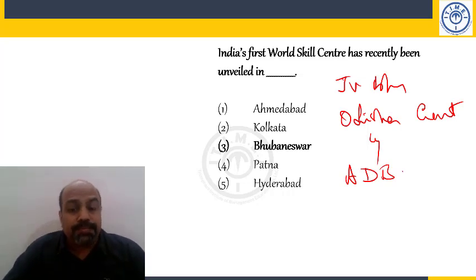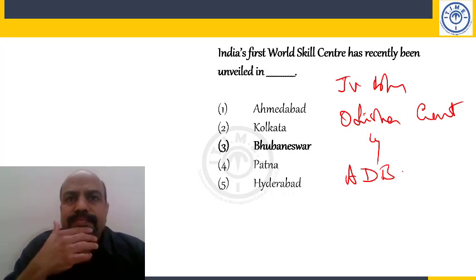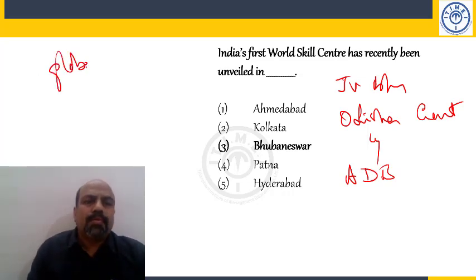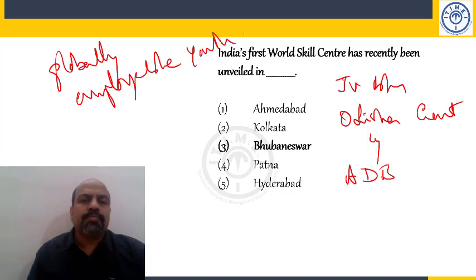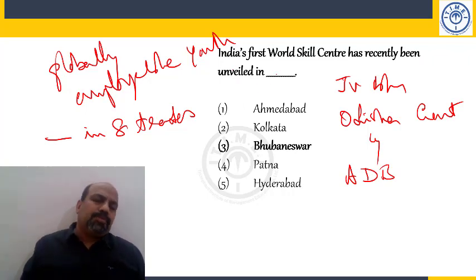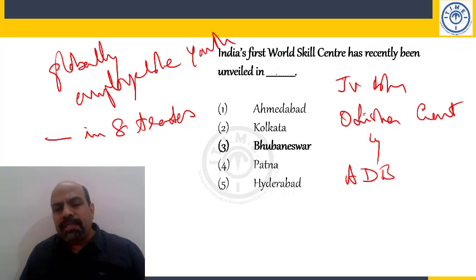Next, the aim is to impart advanced skills and create globally employable youth in 8 trades, so they could pick anything. 8 different kinds of trades.